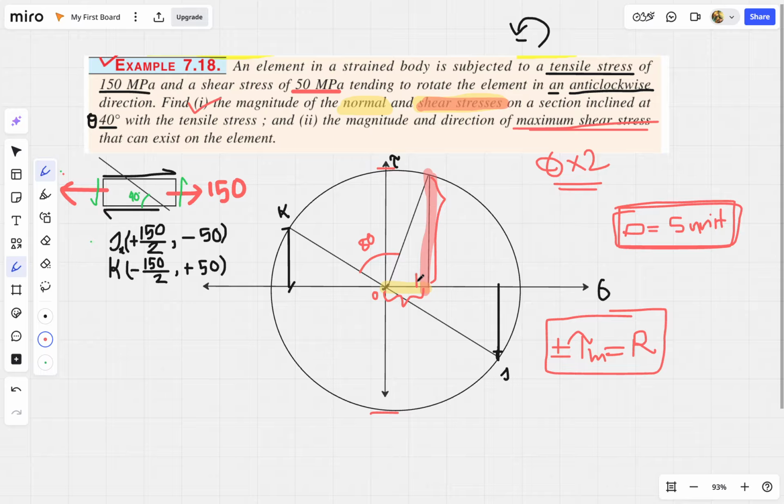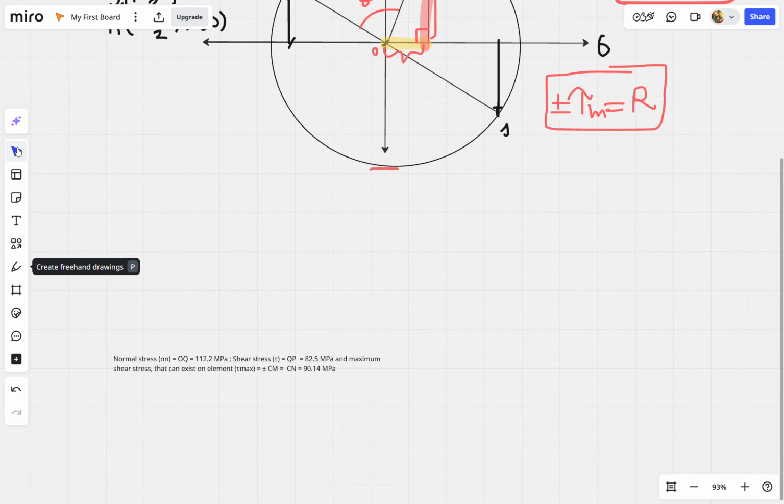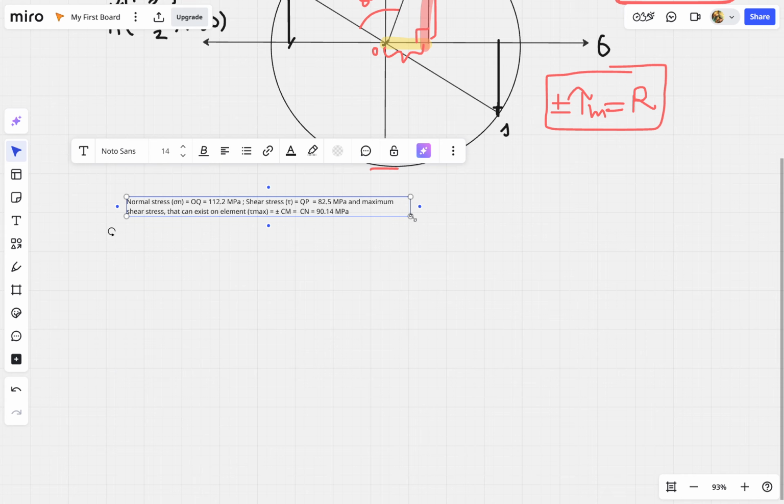To determine the r, you can apply the Pythagoras theorem on this triangle, and you can determine the T maximum. This way you can determine the values, and this is the solution.